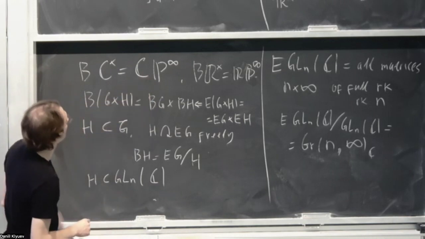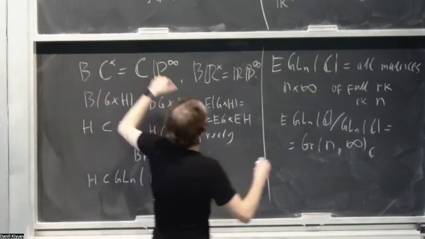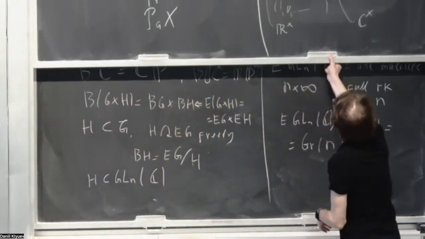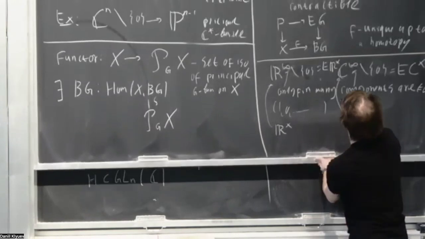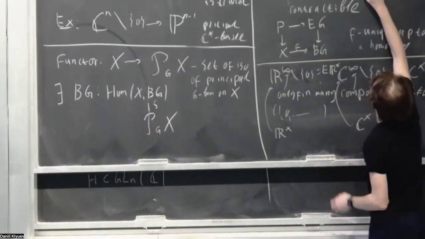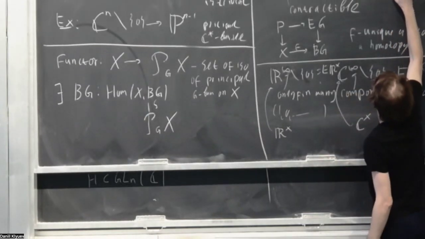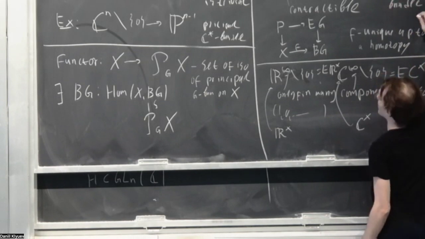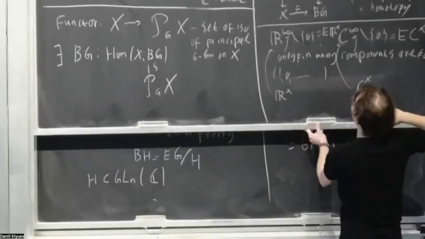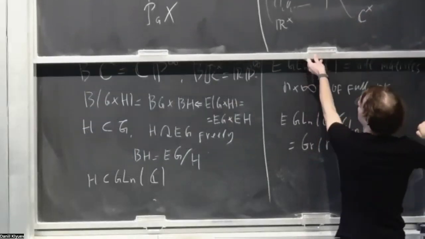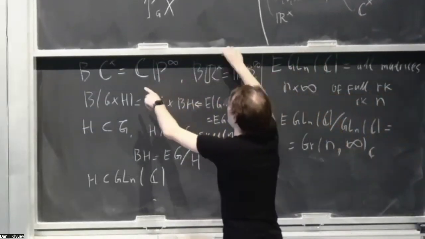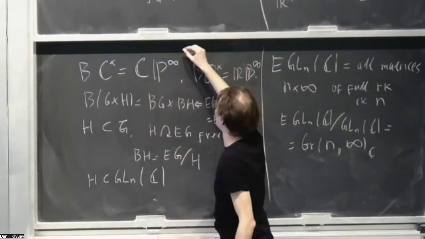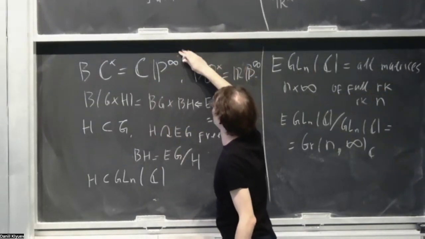And yeah, also I didn't say, we have this G bundle, which was the universal bundle. Here in both of these examples, the universal bundles are tautological.